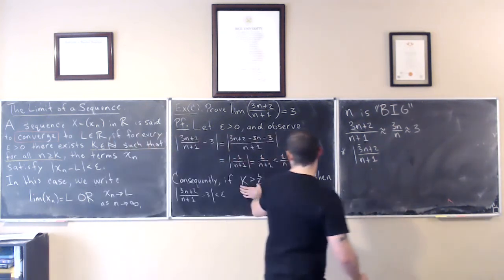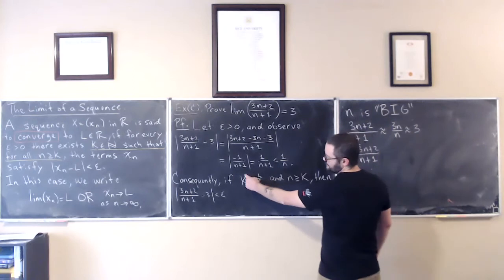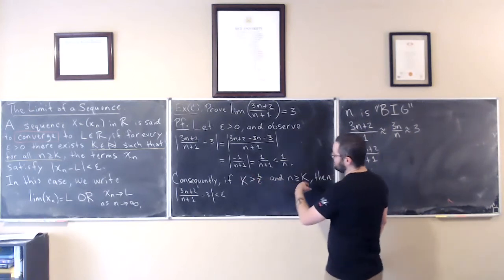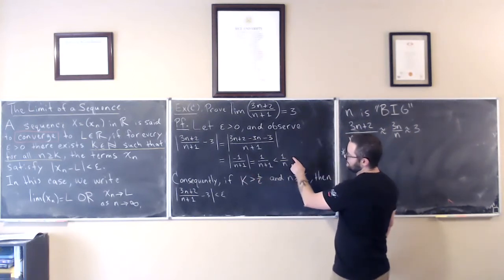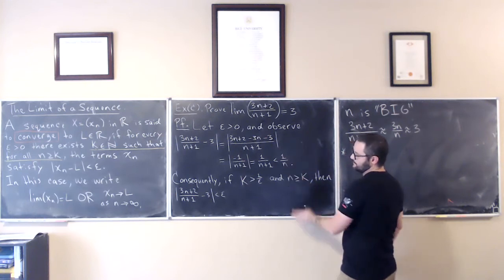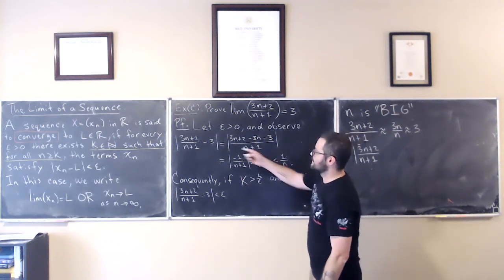Because if you assume these things, epsilon is greater than 1 over k, and 1 over k is greater than 1 over n, provided this holds, then all of this would be less than epsilon.